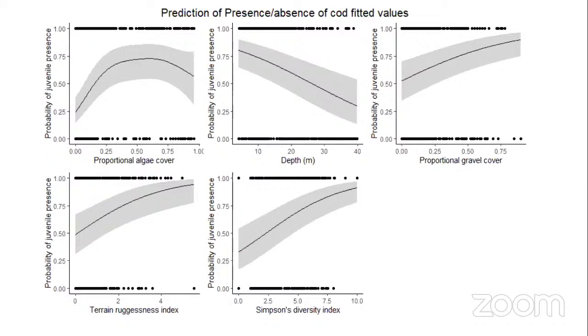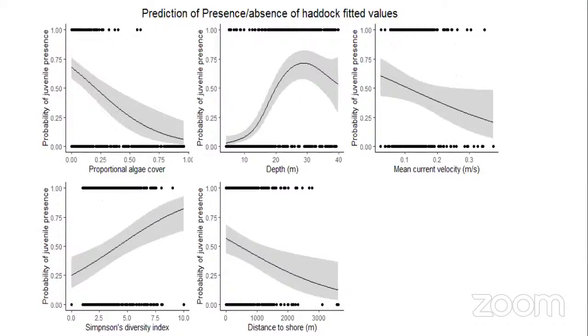They're more likely to be seen shallow, in the top 10 meters. Much more likely to be seen where there's lots of gravel, so in the figure on the right, the more gravel the better. Terrain ruggedness, so rougher ground. And lastly, but by no means least, Simpson's diversity. They're much more likely to be seen if the seabed had high Simpson's diversity. Again, pointing to this idea that habitat quality is important as well as habitat type.